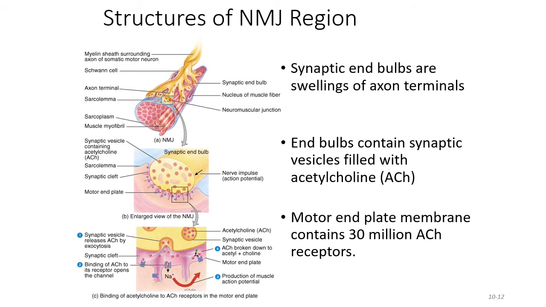At the neuromuscular junction, we have our neuron, and that neuron is going through basically the same kind of process. The inside of the cell is going from negative to positive, so it's going through an action potential as well.